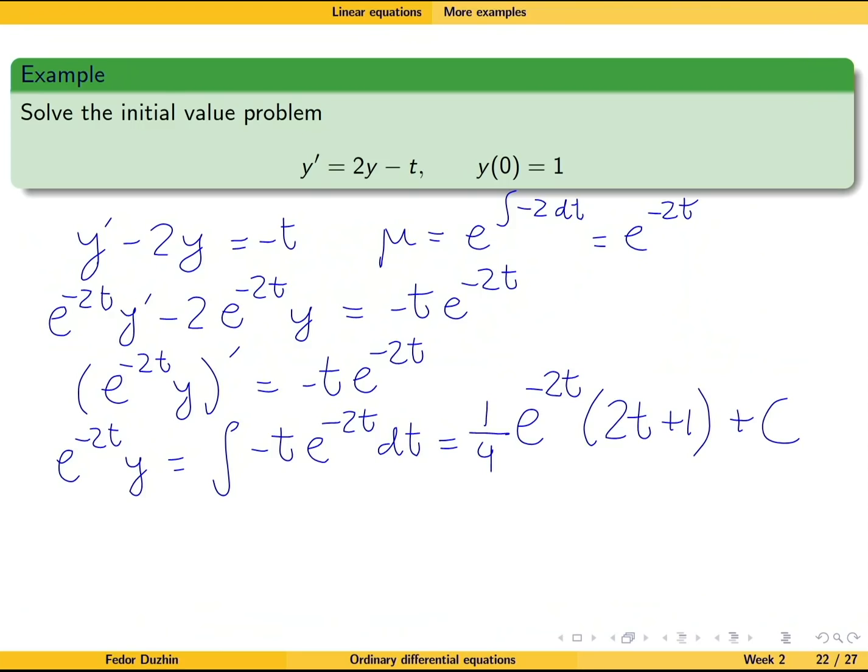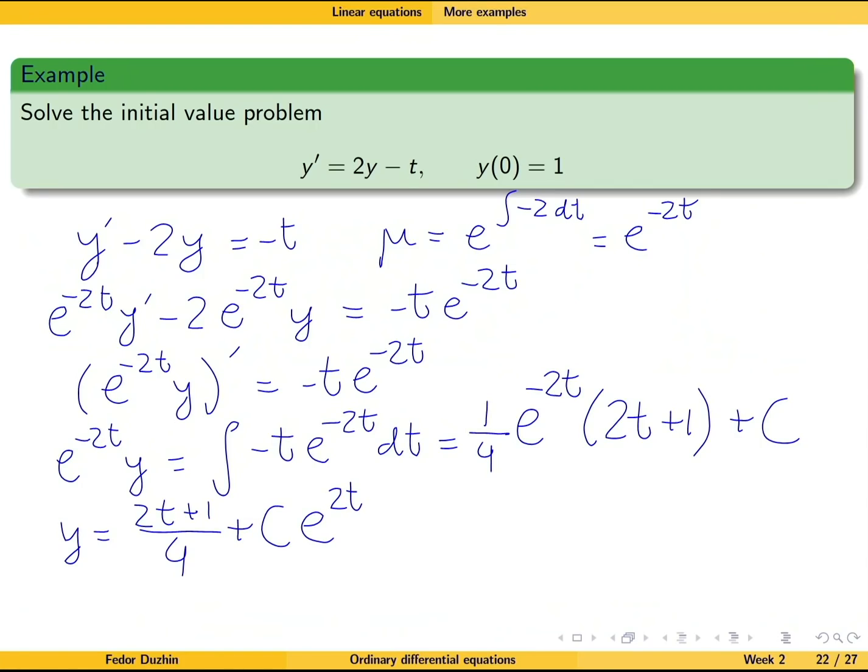With linear differential equations, it doesn't matter, so we can do it later. So we can solve for y first. Y equals, multiplied by e to the 2t, we get 2t plus 1 over 4 plus c e to the 2t.